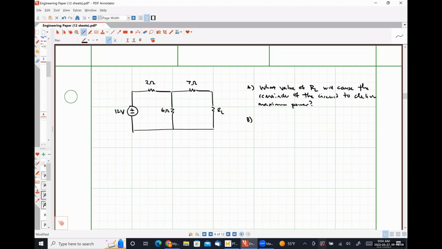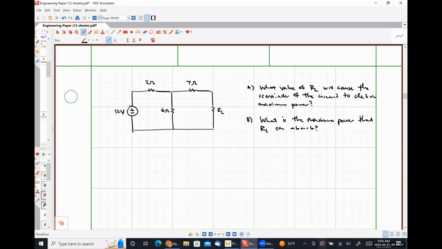And B, what is the maximum power that RL can absorb?